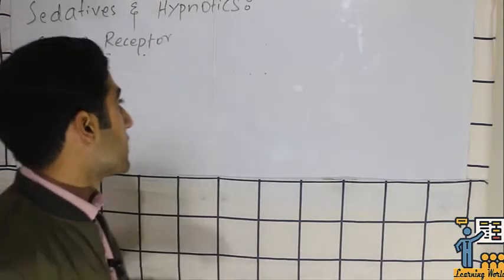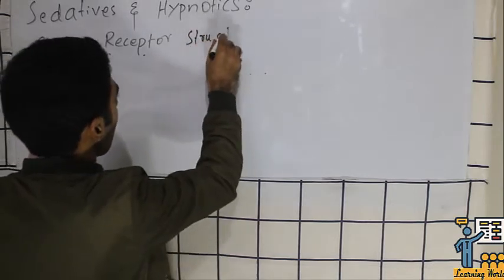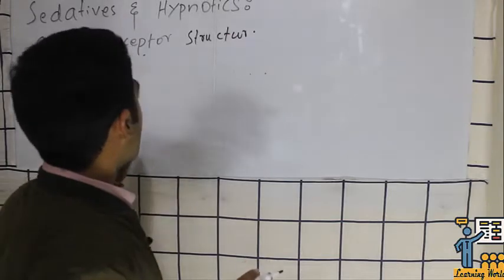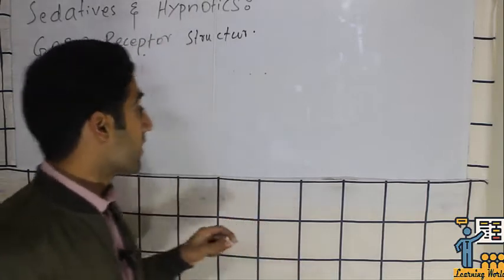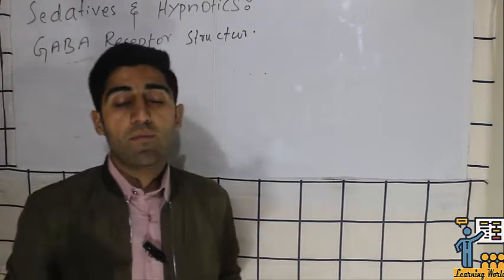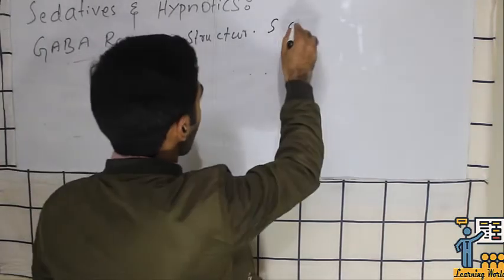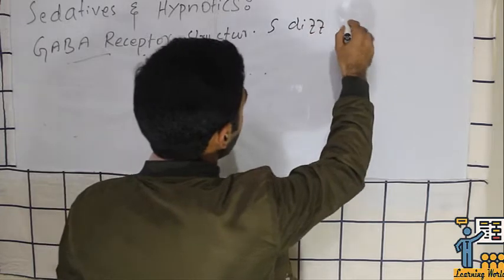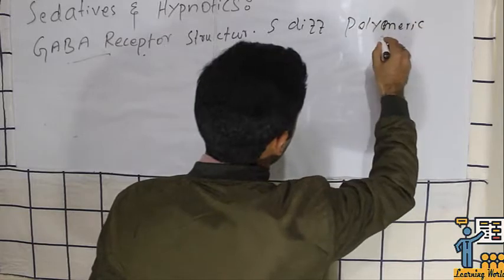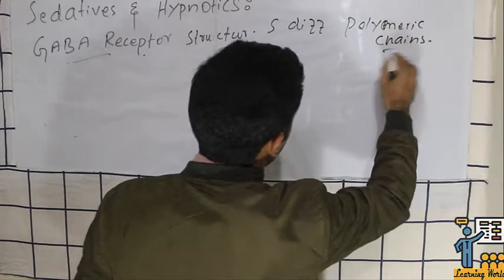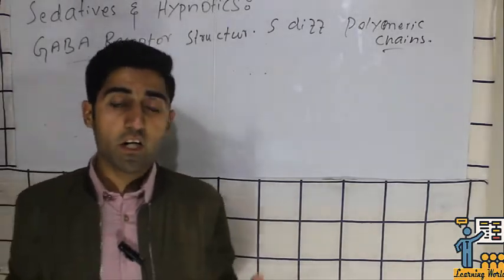Now we will talk about the structure of the GABA receptor. Especially the GABA A ionotropic receptor consists of 5 different polymeric chains, which consist of 2 alpha chains, 2 beta chains, and 1 gamma chain.